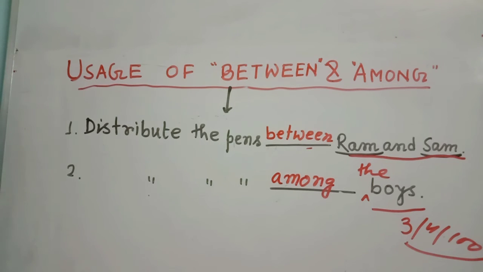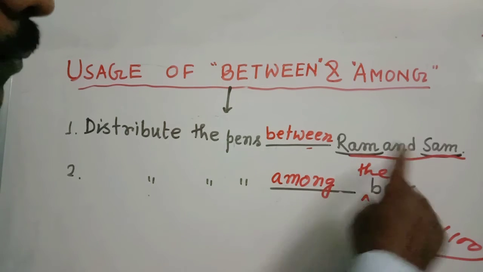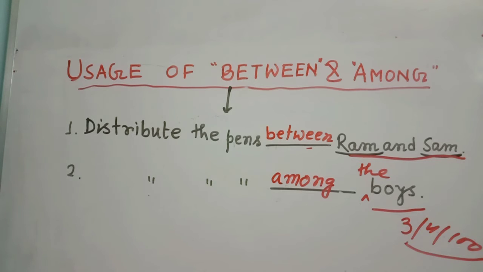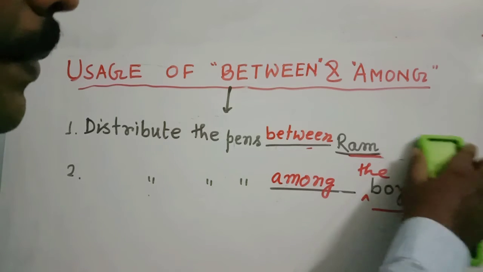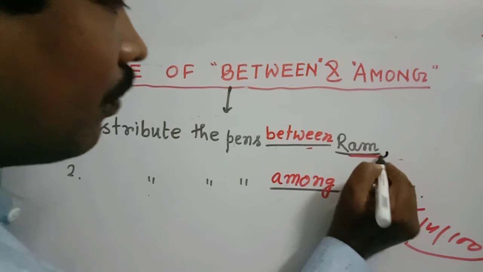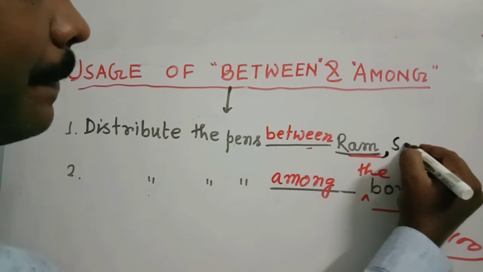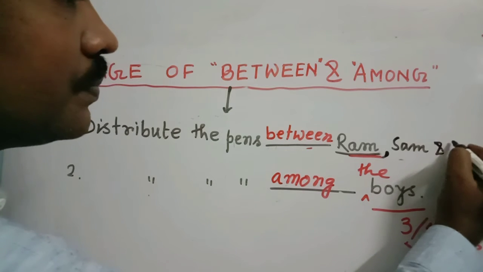I'm just giving you an example. I'm just changing this group of nouns a little bit: Ram, then comma, then Sam, and Jadu.